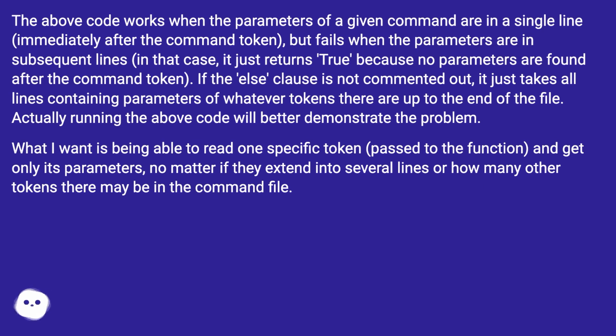The above code works when the parameters of a given command are in a single line, immediately after the command token, but fails when the parameters are in subsequent lines. In that case, it just returns true because no parameters are found after the command token.